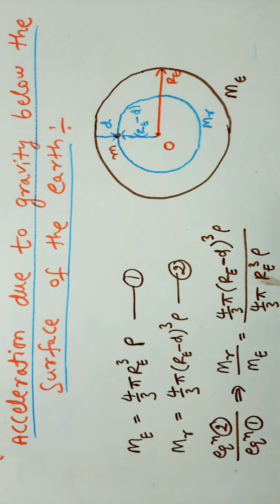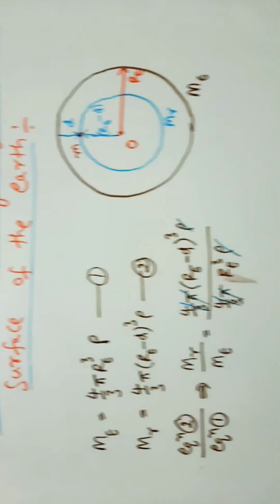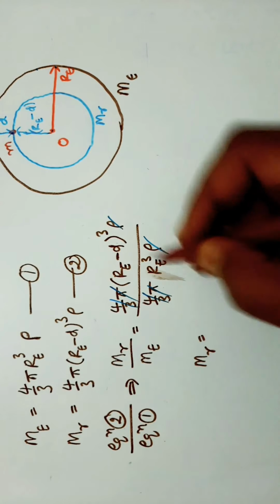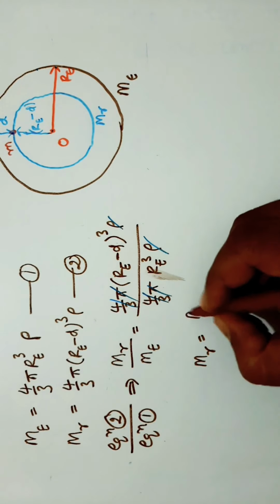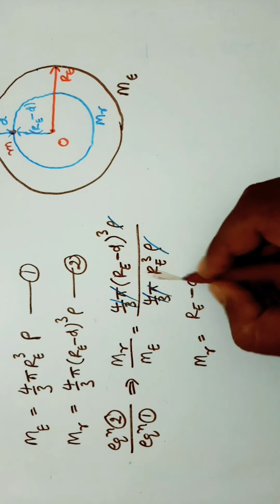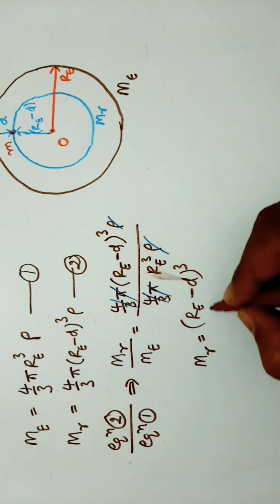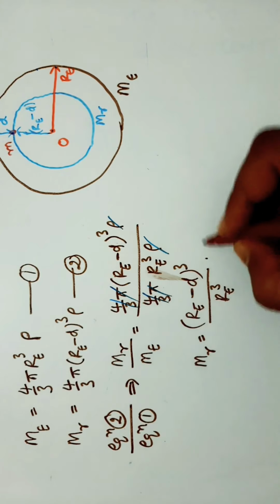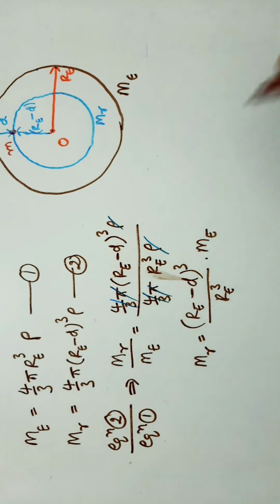So here 4 by 3 pi rho cancel. So from this how can we write? mr is equal to (RE minus D) whole cube by RE cube into, taking this side, ME.